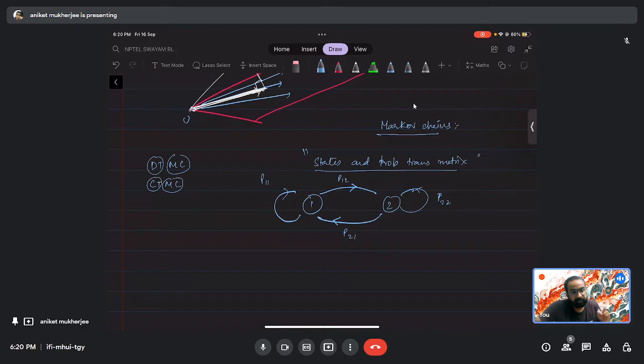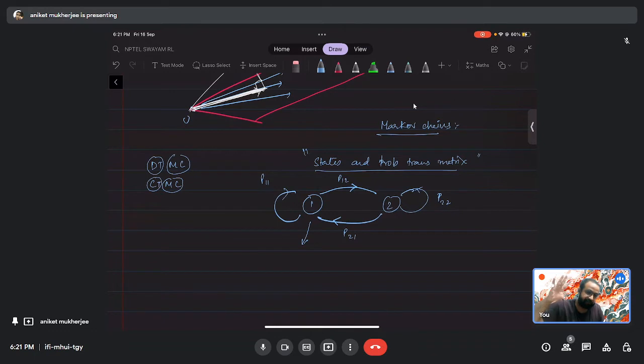Continuous time is a bit different, but the main point here is that it waits for an exponential amount of time. You run a clock. Suppose it's in state 1. State 1 will have an exponential distribution, a clock behind it.